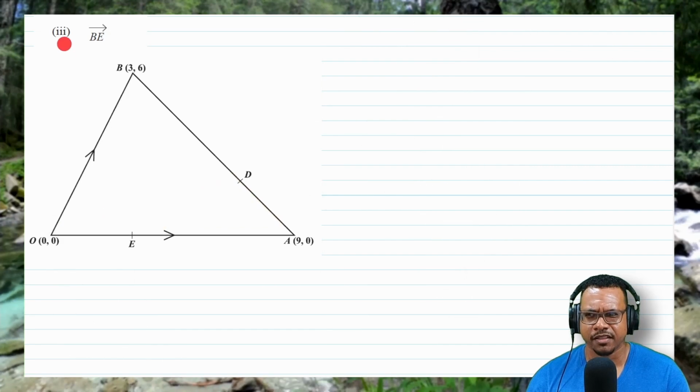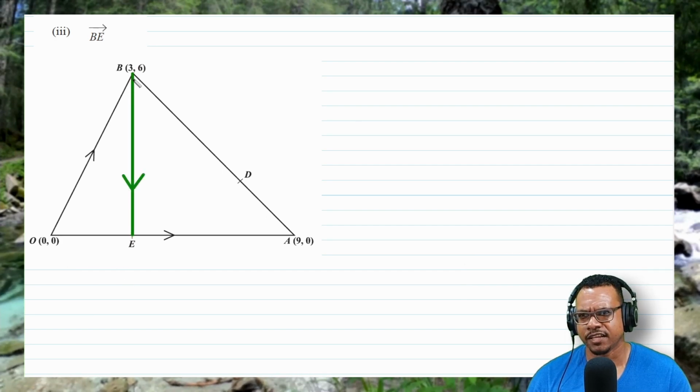So now moving on to part 3, they want us to find the vector B to E. So I have a line connecting B to E, and the arrow is going in this direction. I'll form my triangle right here. So we know it's O to B, and then we need to know it's O to E. If this is my resultant vector, then this vector is in the wrong direction, so I need to switch that. So I need to go this way instead.